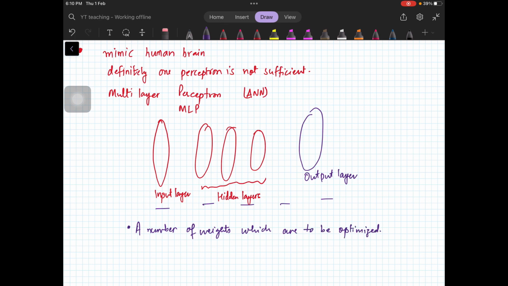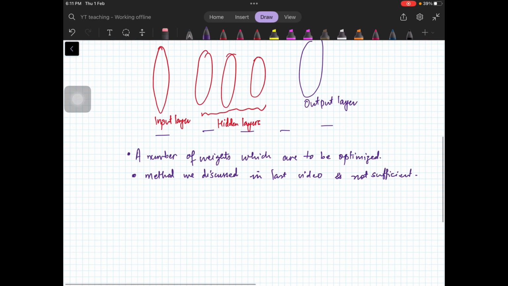And the method we discussed in the last video for training a perceptron is not sufficient.